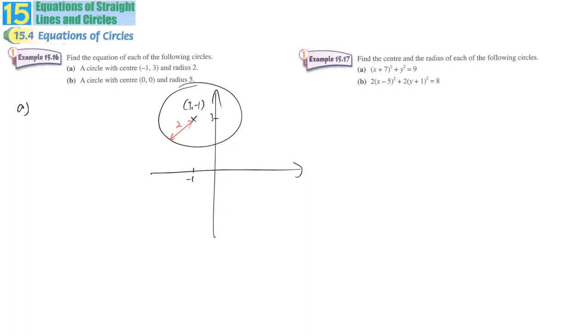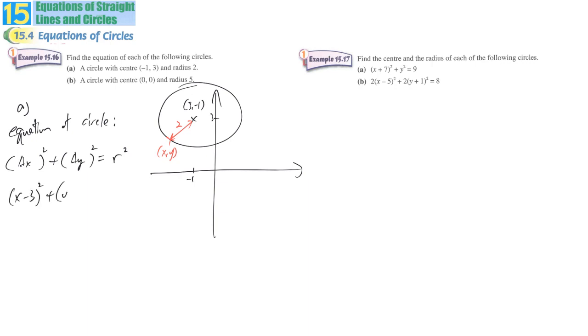So to write down the equation of circle, we have delta x squared plus delta y squared equal to r squared. That's our logic. And then with a general point (x, y), the delta x is x minus 3.